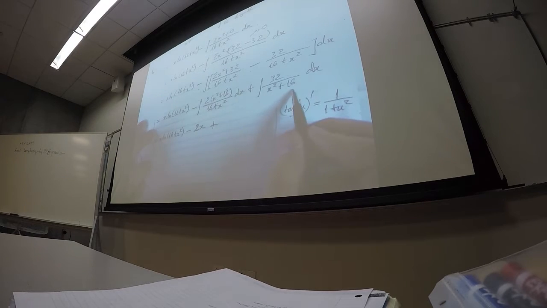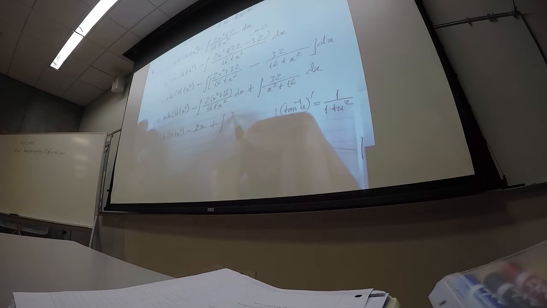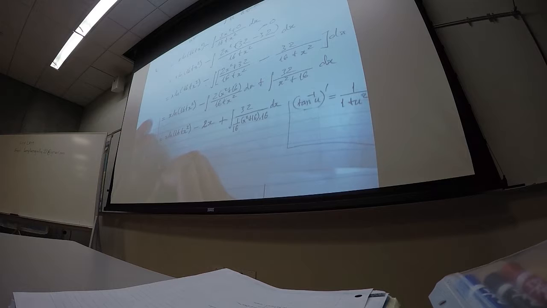How about we just divide both by 16, right? Divide both by 16. But since we divide both by 16, we've got to multiply by 16 to compensate. So x ln 16 plus x squared minus 2x plus, this in there, 32 over 16, that is 2.